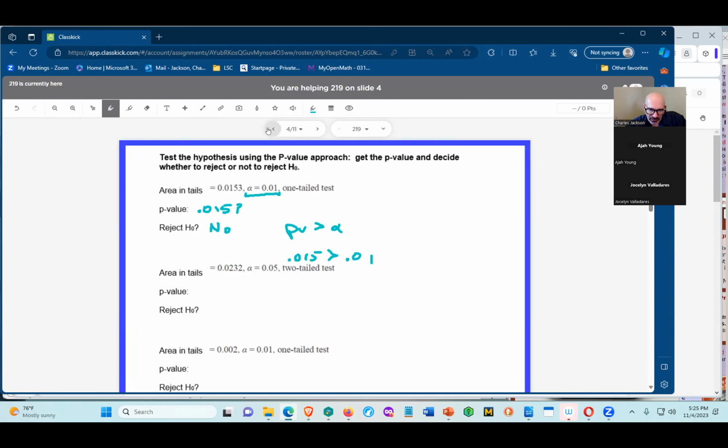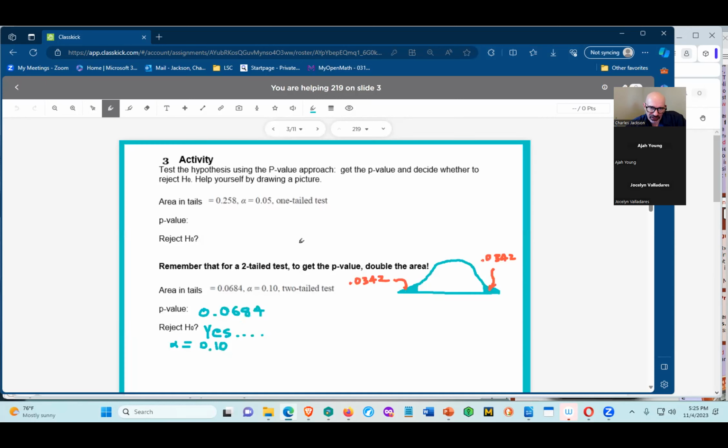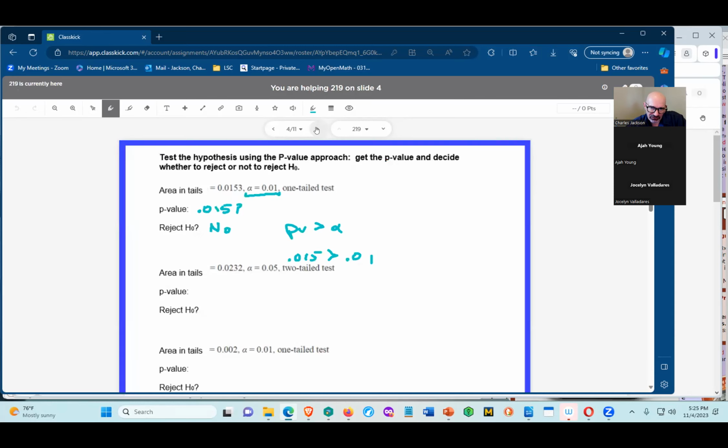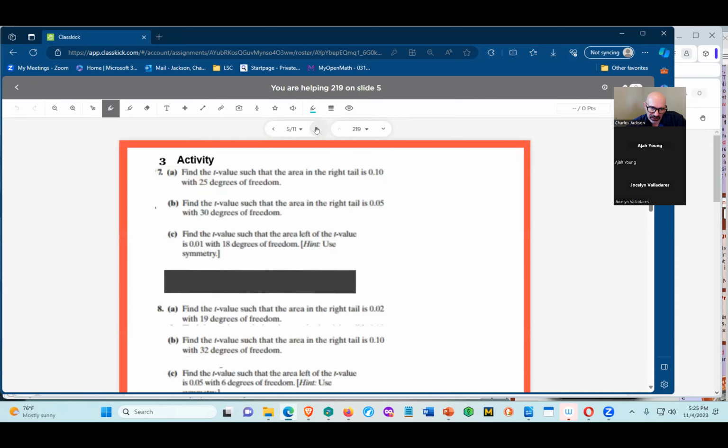Now, all this stuff about two-tail test, one-tail test, since we're not really finishing this in the meeting, I don't think you're ever going to have to worry about, for a two-tail test to get the p-value, double the area, although it might have been in the video, the way you two are describing it. Basically, the calculator and StatCrunch just give you the right p-value.